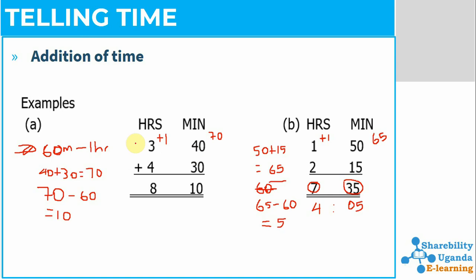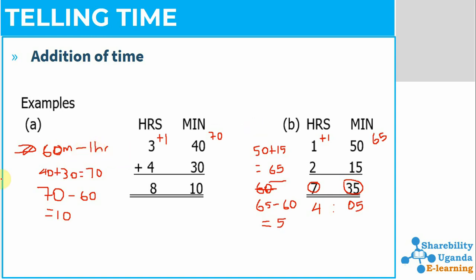When they tell you to add these hours, you first add the minutes and get the totals of the minutes. After getting the totals, if our minutes are above 60, remember that for minutes to make an hour is equal to 60.